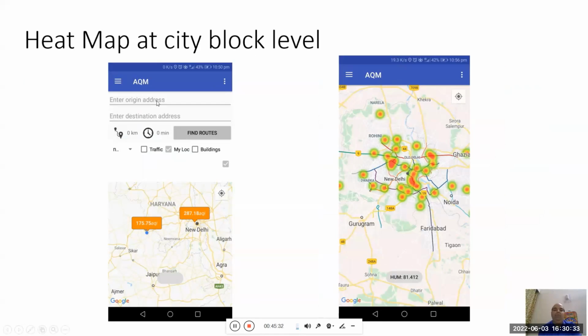If you choose any path with the traffic, it will give you the final path of minimum pollution versus minimum traffic, so that a person can have a good health index throughout the way and a minimum-exposure path to the pollution.